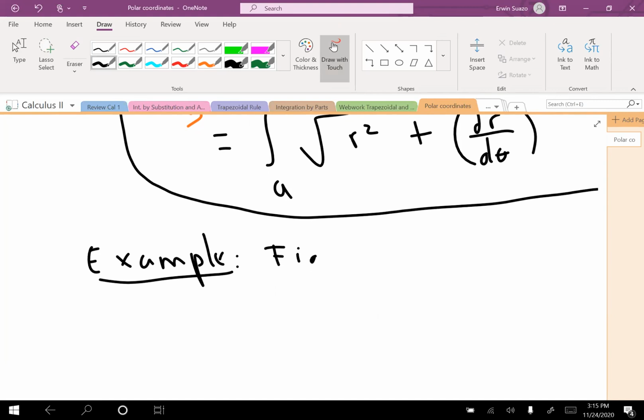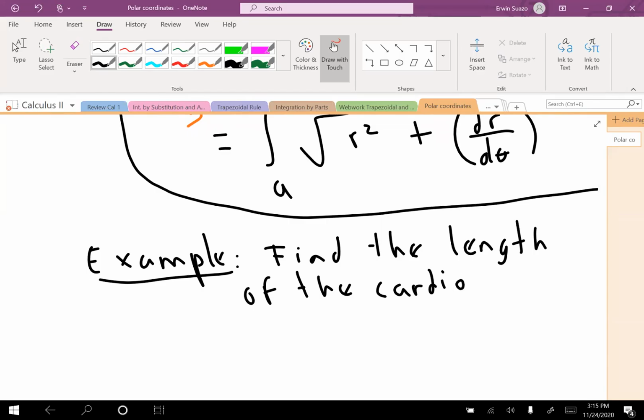Find the length of the cardioid that is r equals 1 plus sine of theta.